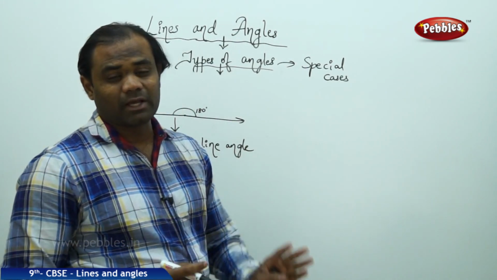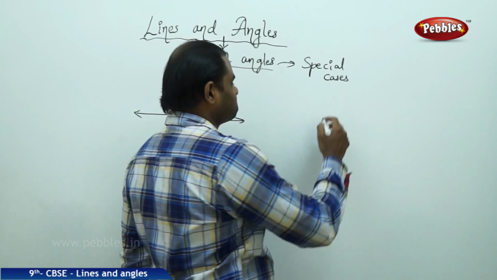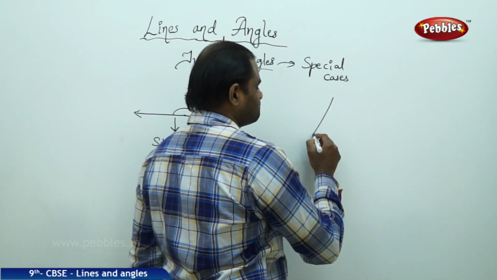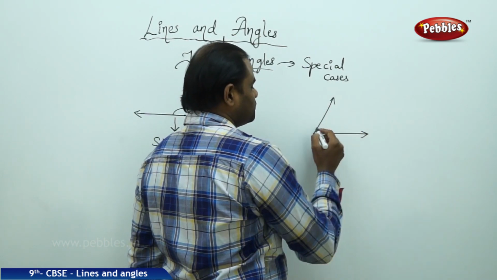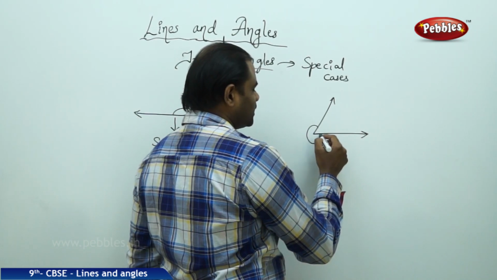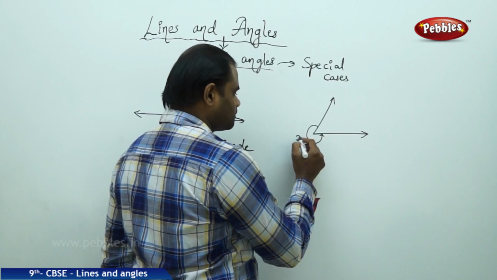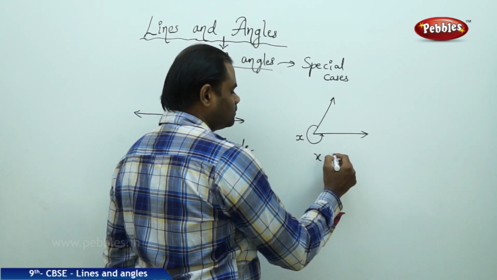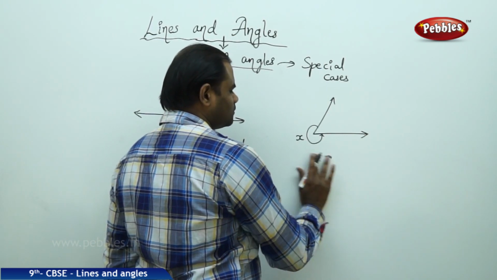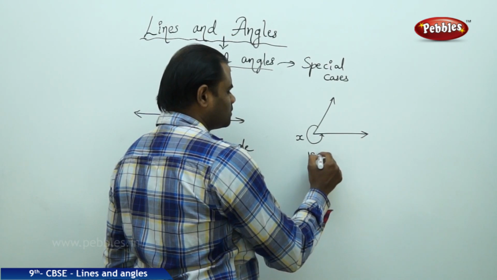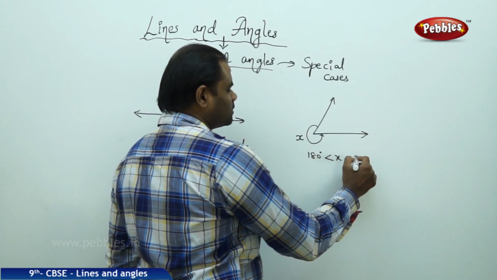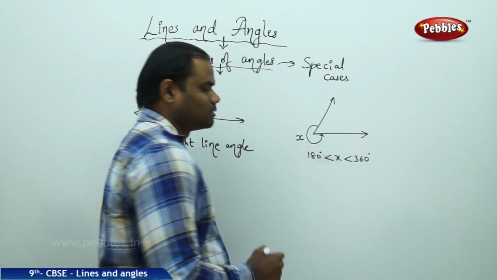Similarly, what happens if the angle is more than 180? Say I have an angle like this which is more than 180. So I have this to be between 180 and 360.